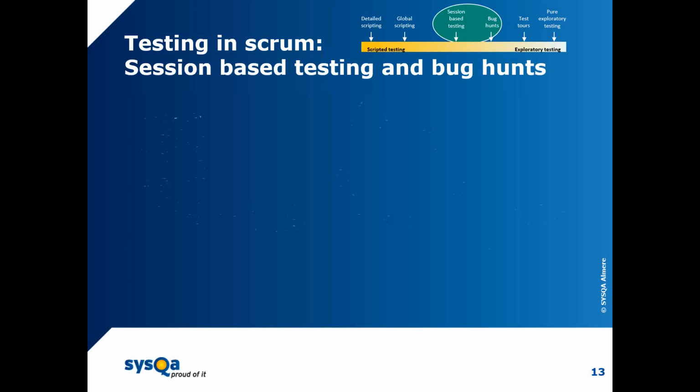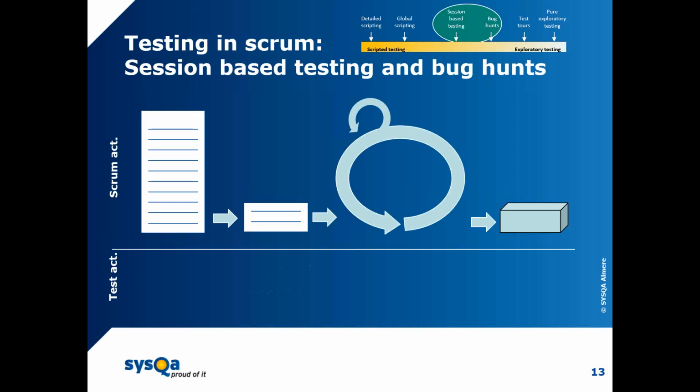How do we apply that? Again, the Scrum activities. The master test planning, the decision how to test this sprint, and the one-page test plan are not different from detailed scripting and global scripting. Why is that? Because we take this decision at that moment in time, so over here, before we do the same things.